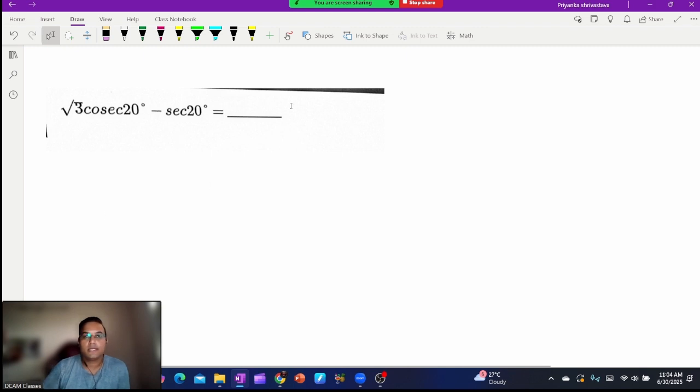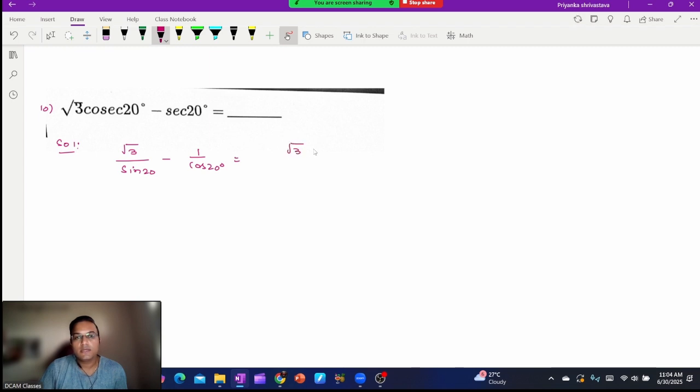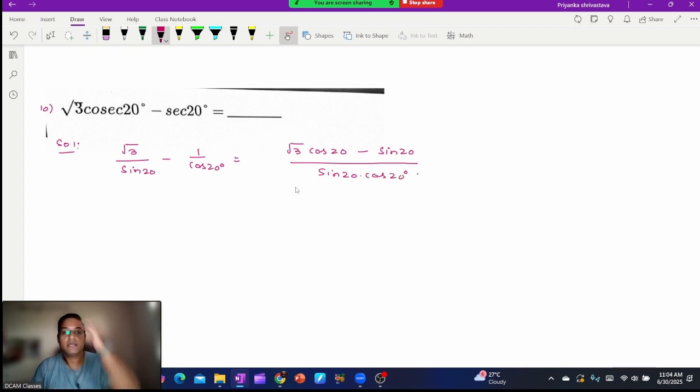This is question number 10. The question is this. Root 3 cosecant 20 I can write as root 3 by sin 20 minus 1 by cos 20. So it will become root 3 cos 20 minus sin 20 by sin 20 cos 20. So let's multiply and divide by 2.